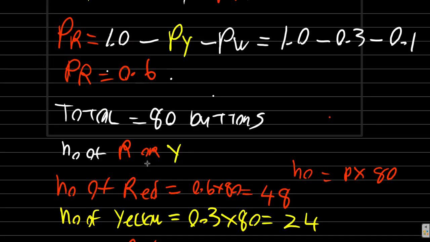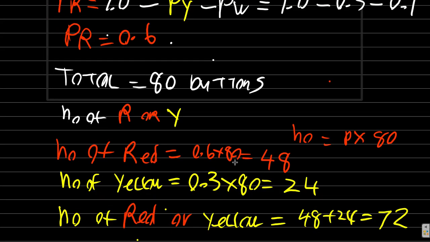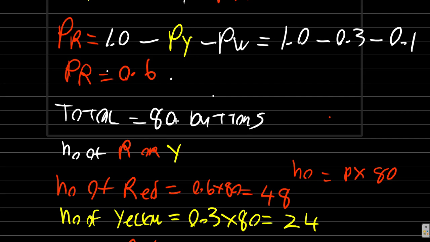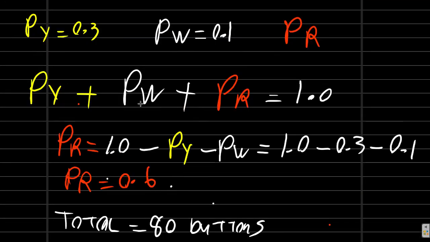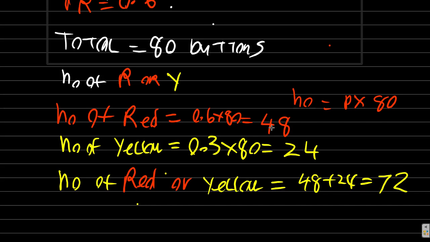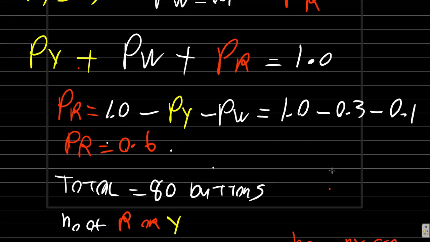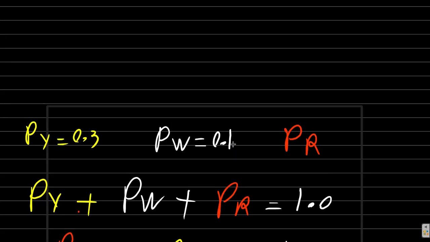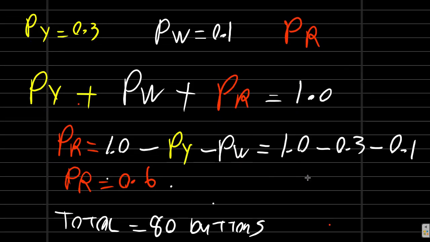So the probability of red, 0.6, gives 0.6 times 80. The probability of yellow is 0.3 times 80. So when you work it all out, you get 72 for either red or yellow. That means only 8 of them were white, which is 0.1 times 80, would be 8.